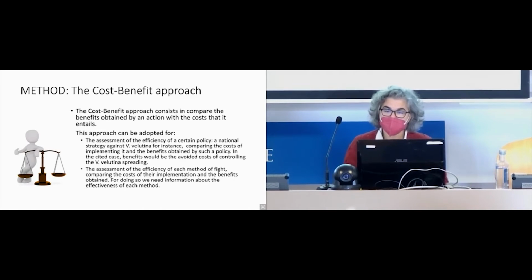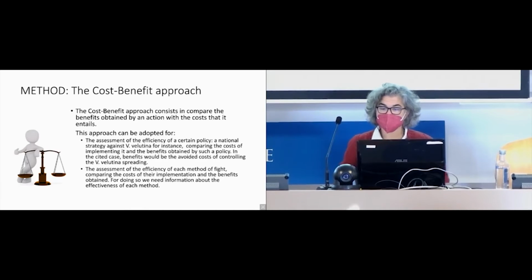The method that we normally use in economics to evaluate these economic impacts is the cost-benefit approach. The cost-benefit approach consists in comparing the benefits obtained by an action with the cost that it entails.